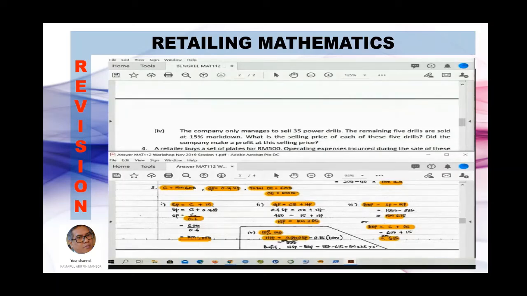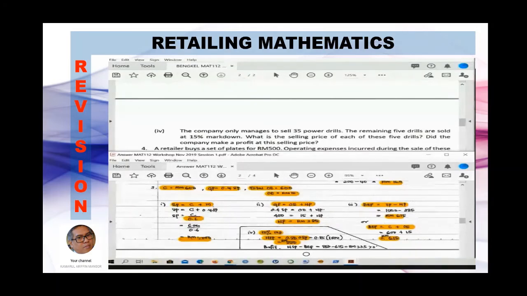So yang harga asal tinggal lagi 85% sahaja sebab kita tolakkan 15%. So harga asal daripada 100% tinggal 85%. So itu yang dia ada kat sini, 0.85 kalikan dengan original selling price, itu harga asal. Okay, so darabkan dengan 1000, so maka kita akan dapat dia punya nilai new selling price setelah markdown sebanyak 15%.